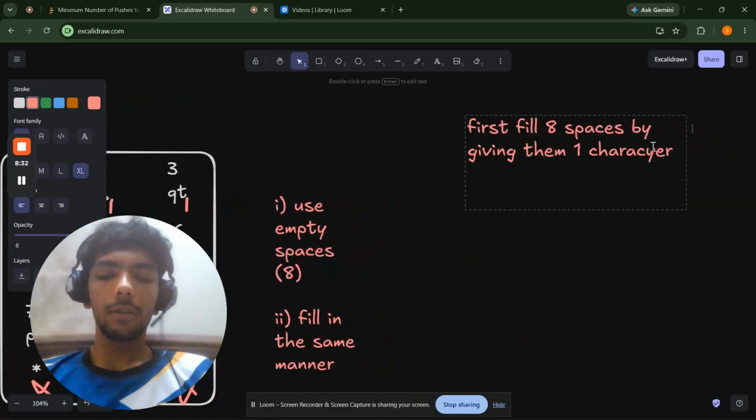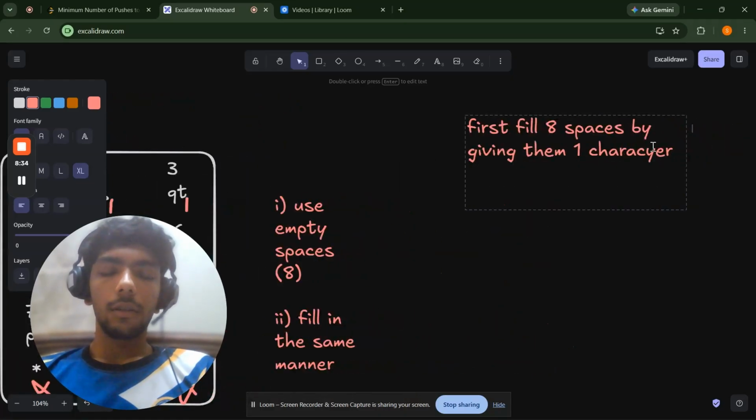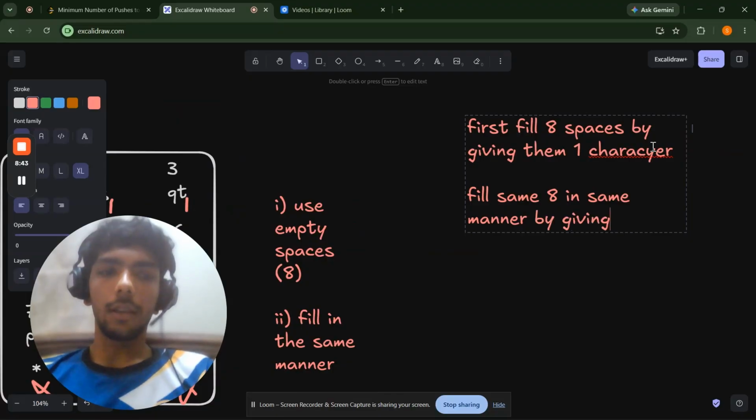Later what we did is fill the same 8 in the same manner by giving them one more character.